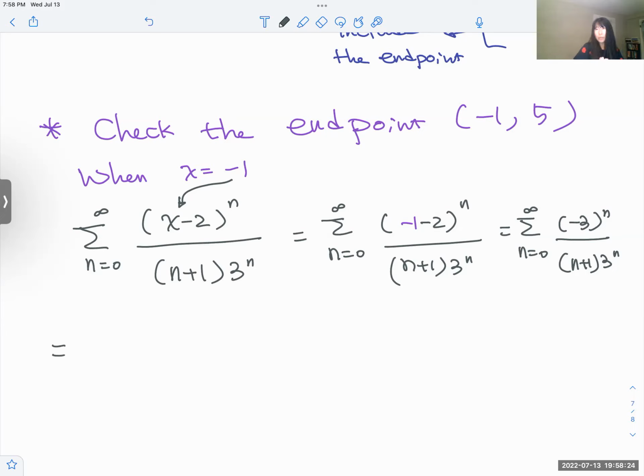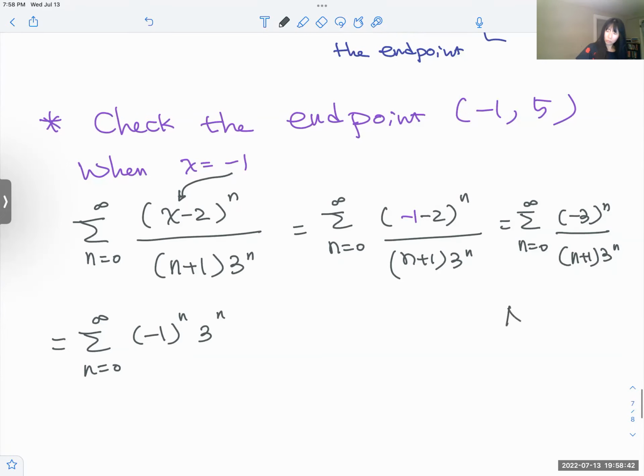Then look, (-3) to the n power, I can rewrite this way: (-1 times 3) to the n power, right?